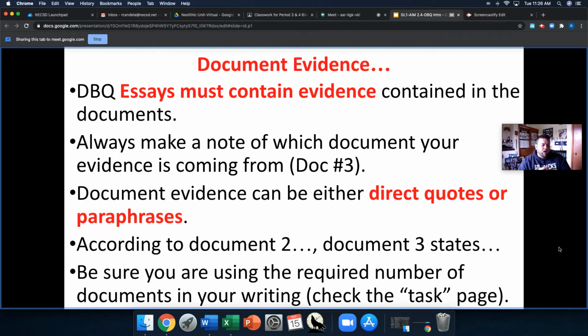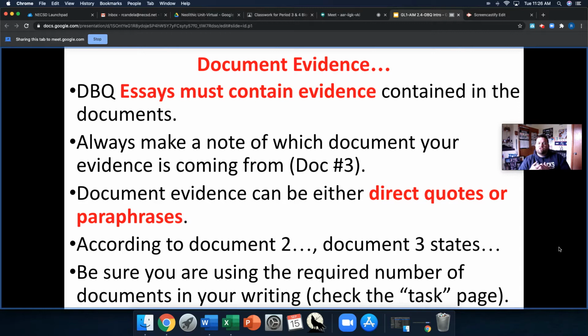So as we continue talking about the structure of a DBQ, the analogy that we will use is that building a DBQ essay is like building a house. The first and most important thing about building your house is you must have a solid foundation upon which to build the rest of the structure.